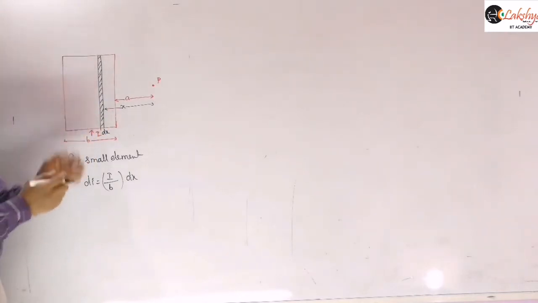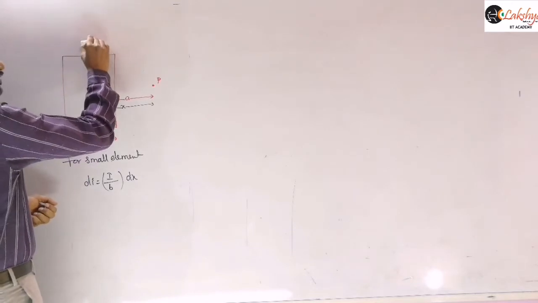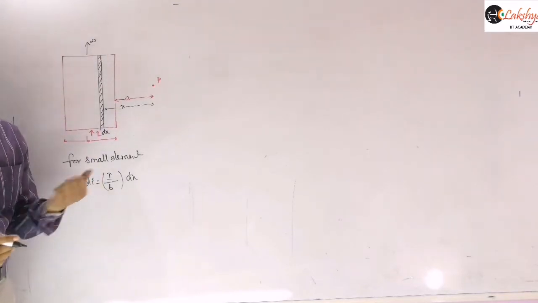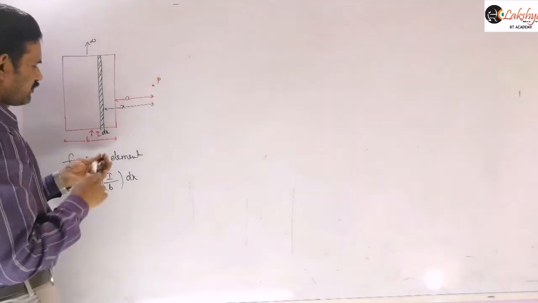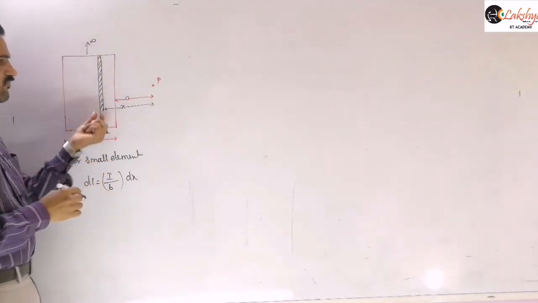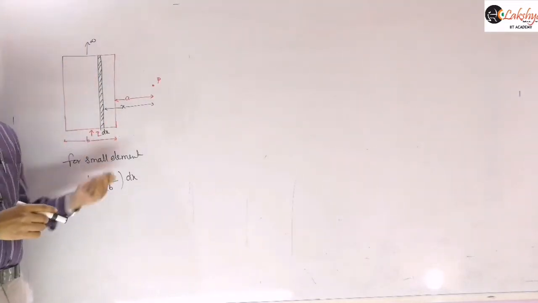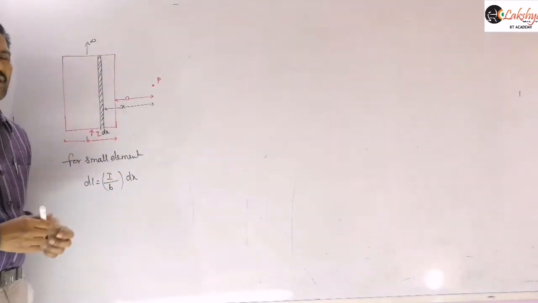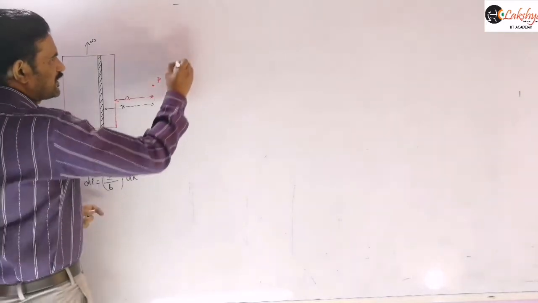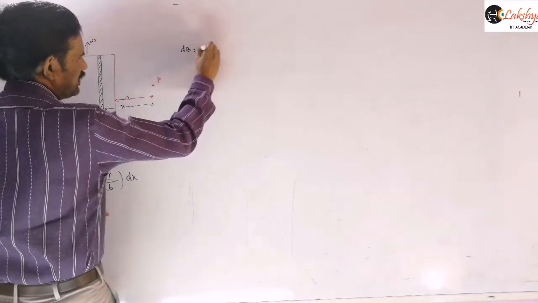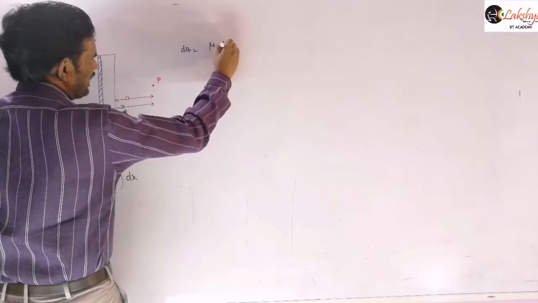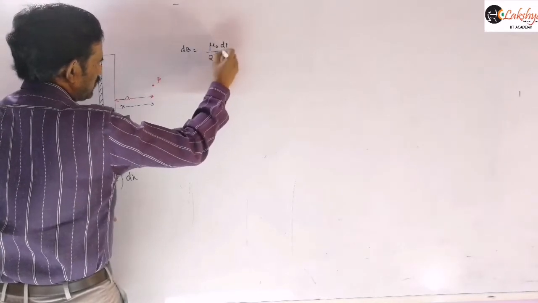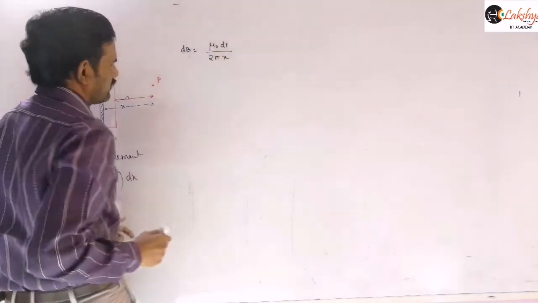It tends to infinity, this is an infinitely long, or very long, plane as I mentioned, so we consider it as infinite. Our element will be in the form of a straight, infinitely long wire carrying this much current. So the magnetic field due to this small element we can write as dB equal to mu naught into di by 2 pi x, right?